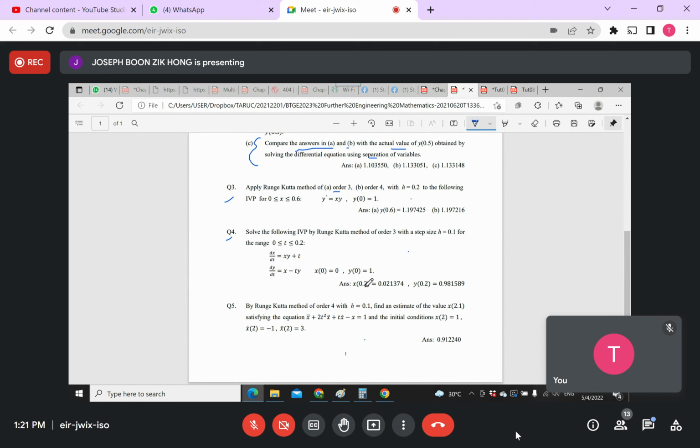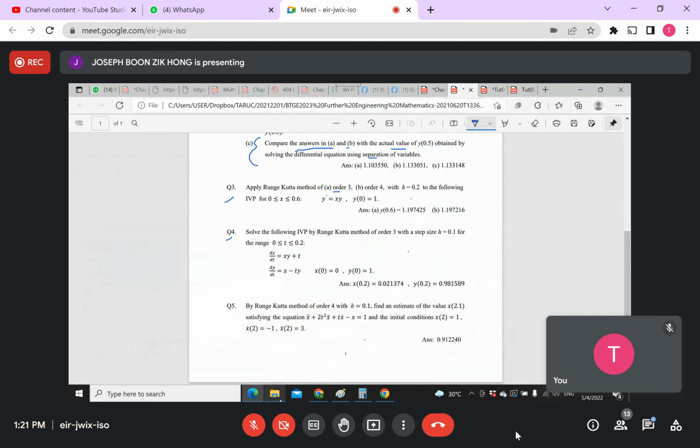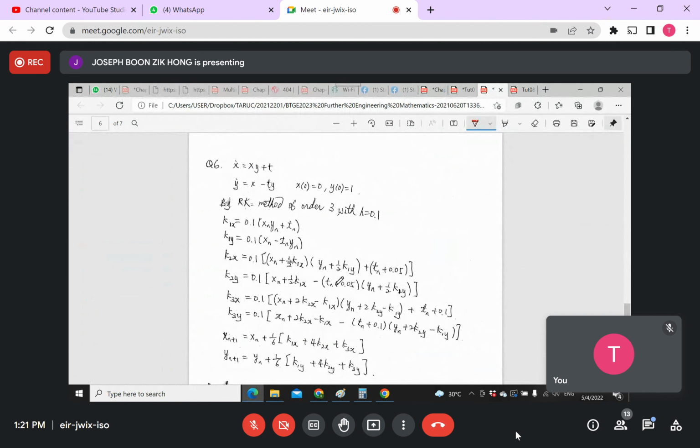Okay, so I show you the answer for question 4. Basically, x and y depend on t, so we need to find x and y.